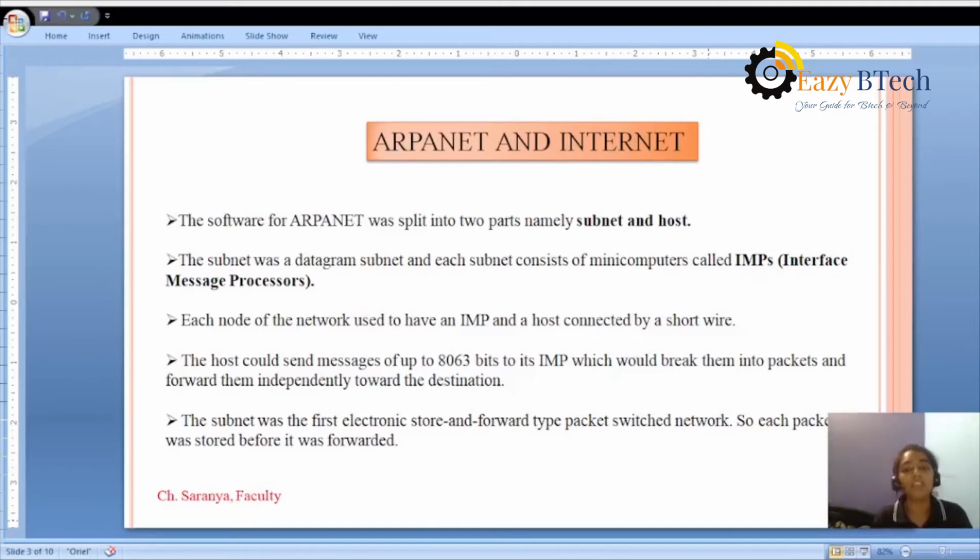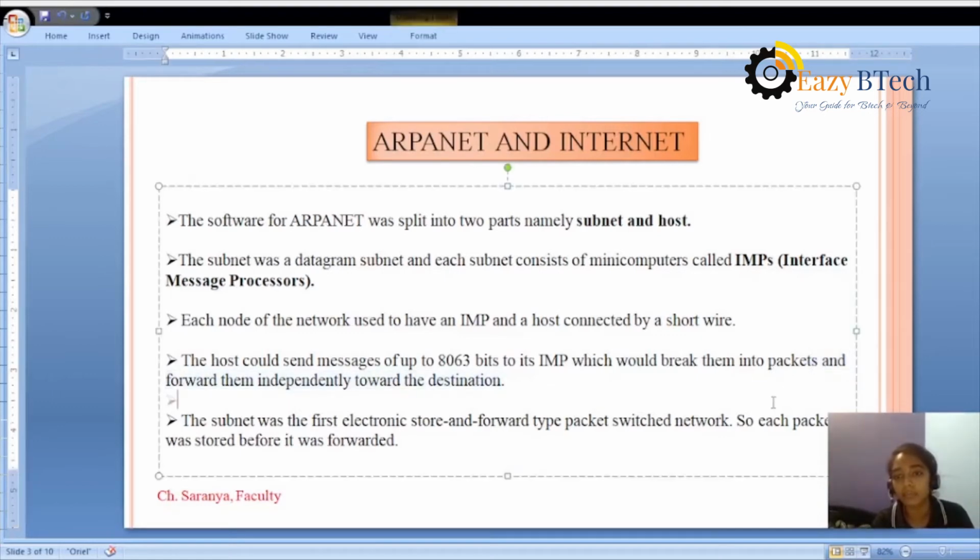We are talking about the network layer, where the data is in the form of packets. That's why we call it a packet.